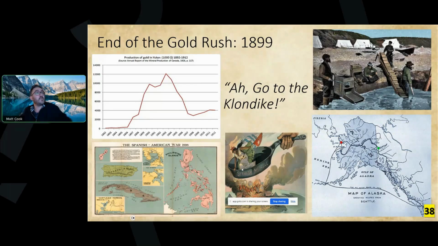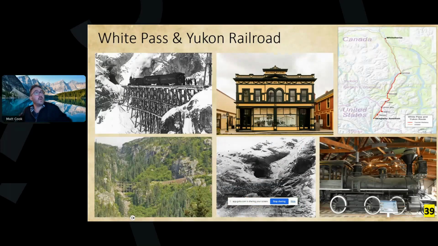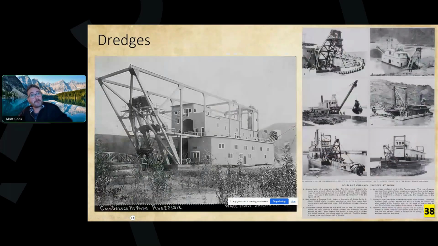So there's some pictures of the Yukon Railroad, and then after the initial gold rush itself, we started to move into much more large scale mining. These are some of the dredges that work the river.